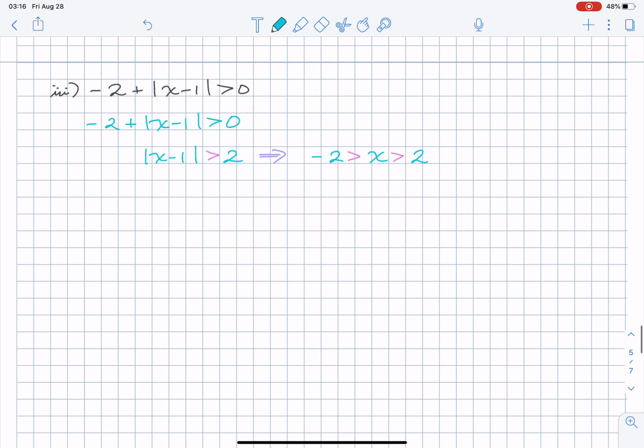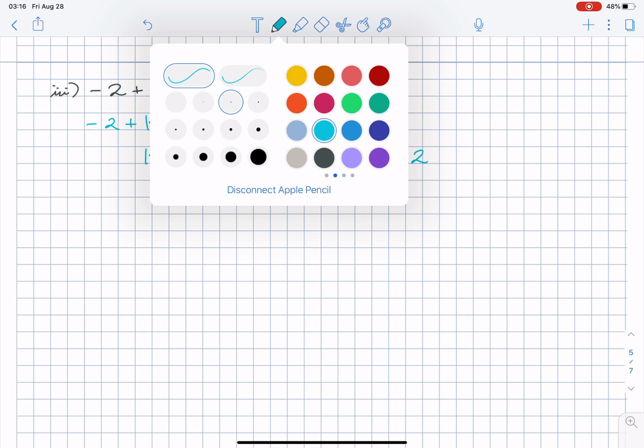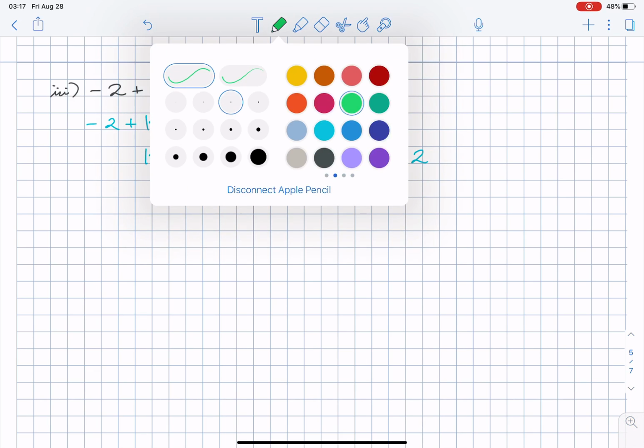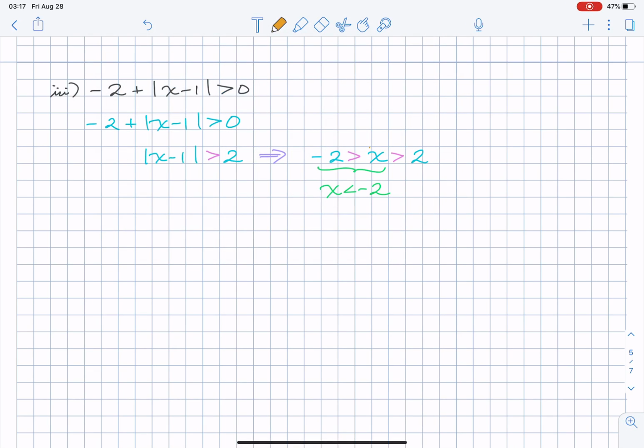Okay, well, I'm done. But let's notice we have two things going on here. We have x is less than -2, which is the same thing as -2 being greater than x. And then up here we have x is greater than 2.